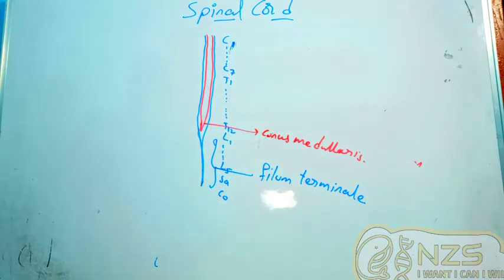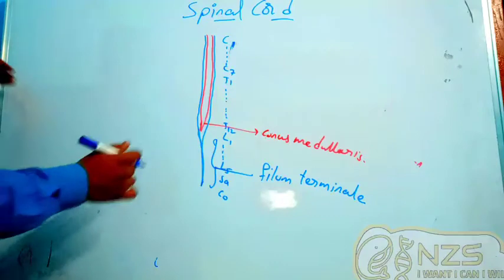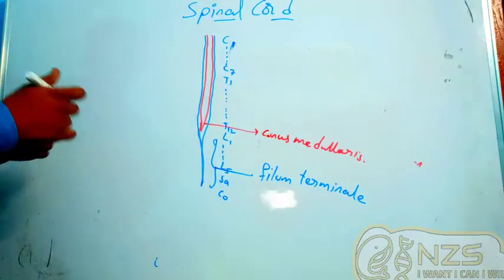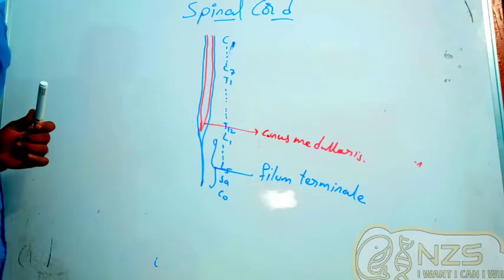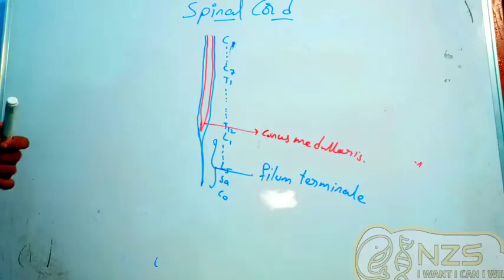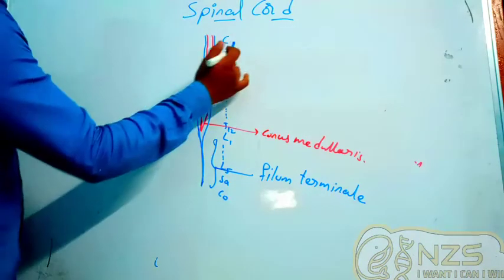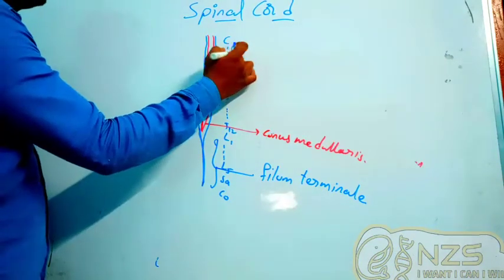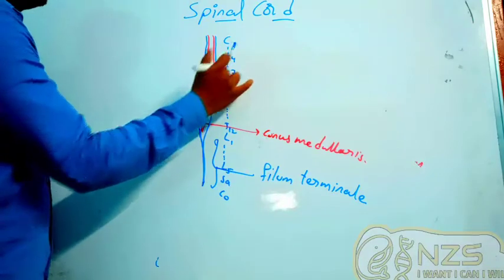That means there are some swellings in the nerve cord. In the spinal cord we have two swellings. The first is in the region of C4 to T1, from the fourth cervical region.